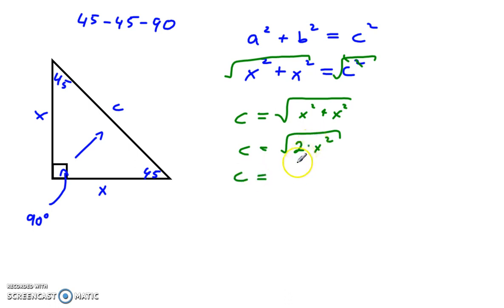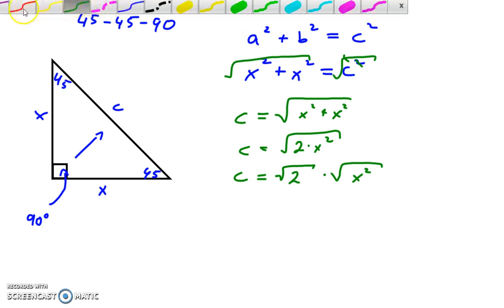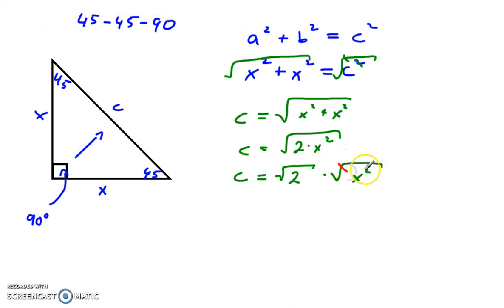I can also rewrite a product within a radical as the product of the two radicals. So this radical and the square cancel out, and I'm left with c equal to x radical 2. So the side of one of the legs times radical 2.